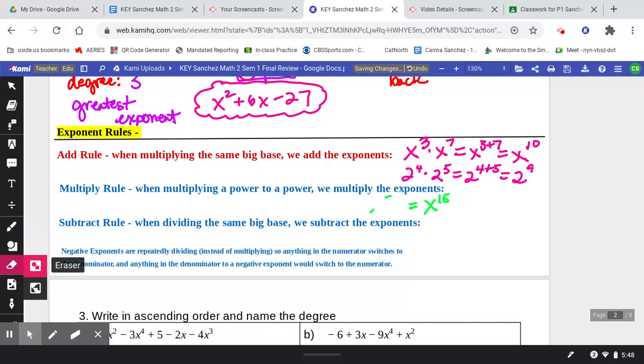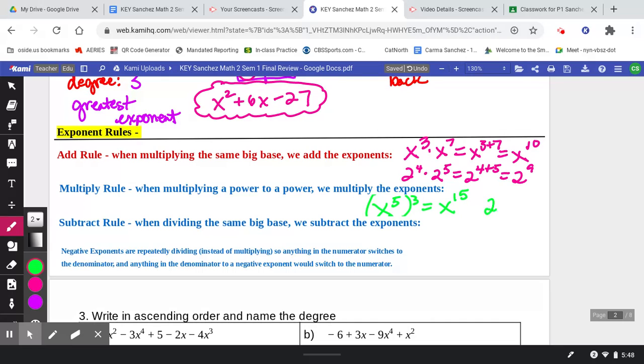Let me make this a little bit bigger. And likewise, if you had a base of 2, 2 to the power of 3 squared, you would then take the 3 times the 2, and it becomes 2 to the power of 6. This is called power to a power, or the multiply rule.